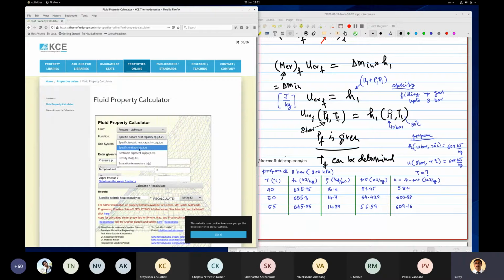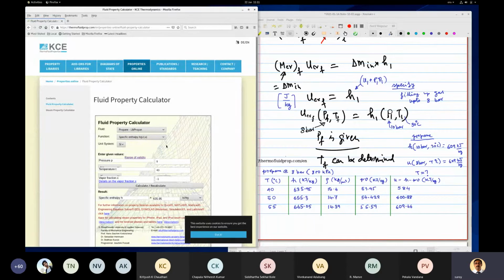But we see internal energy is not given here, enthalpy is given. So at 8 bar, temperature say 40 degrees centigrade, calculate: enthalpy is 365.95. So 365.95 is the enthalpy at 40 degrees centigrade.